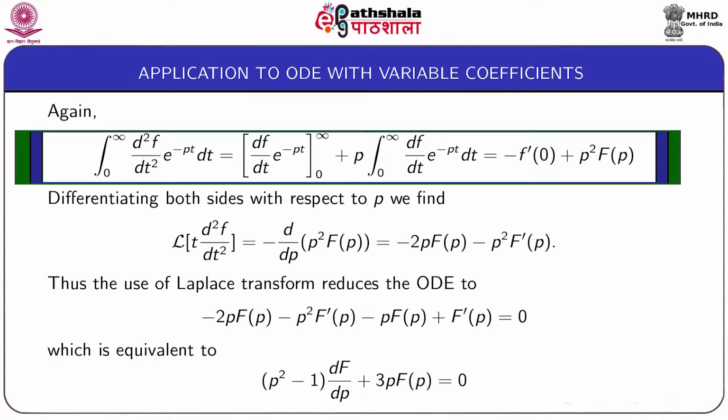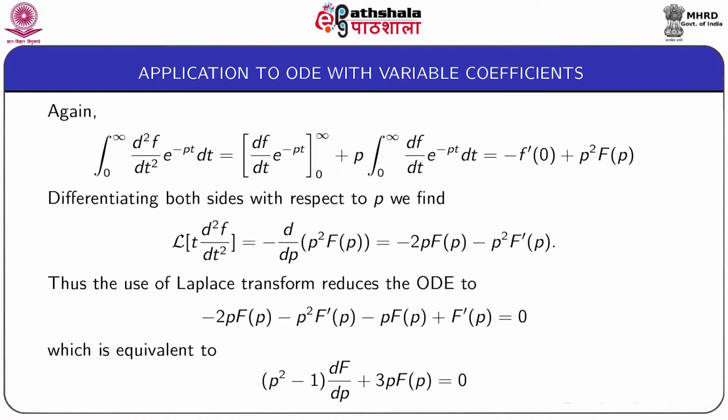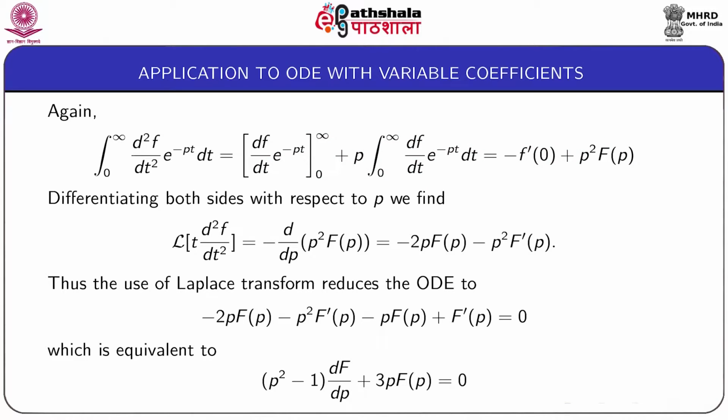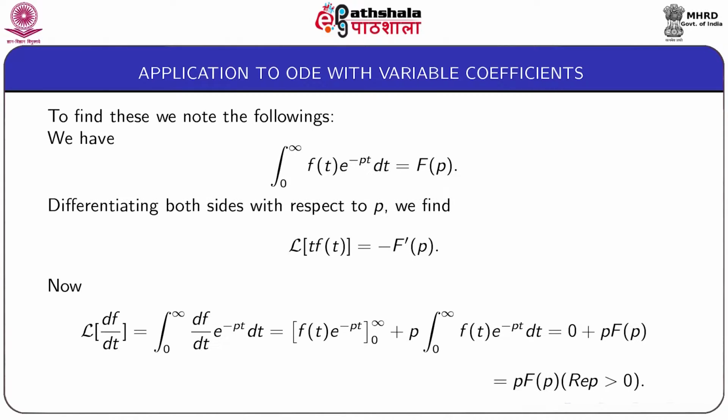We integrate this by parts so as to get (df/dt) e^(-pt) from 0 to infinity plus p times the integral from 0 to infinity of (df/dt) e^(-pt) dt, and that is equal to minus f'(0) plus p² F(p), where we have used the Laplace transform of df/dt from the previous result, that the Laplace transform of df/dt is equal to pF(p).